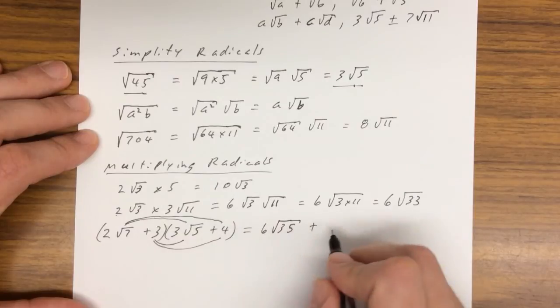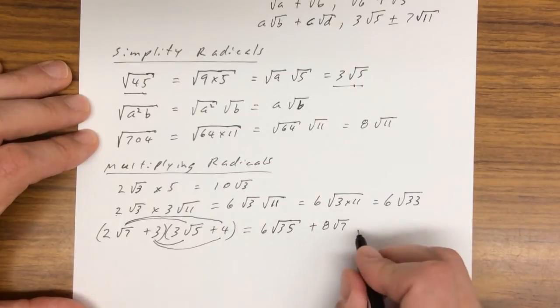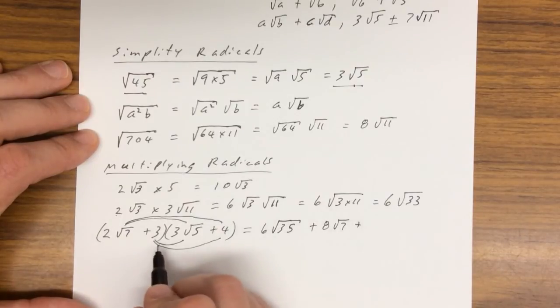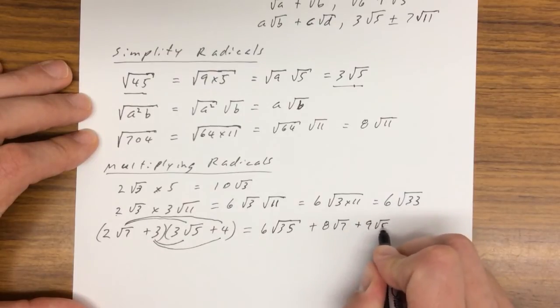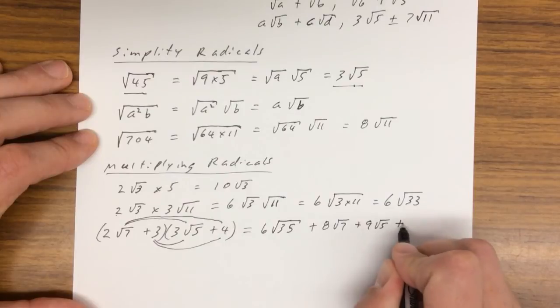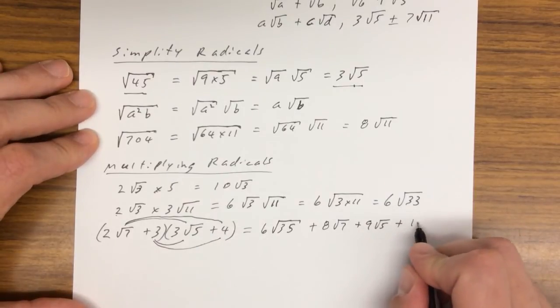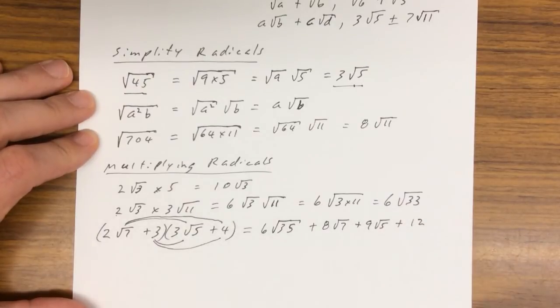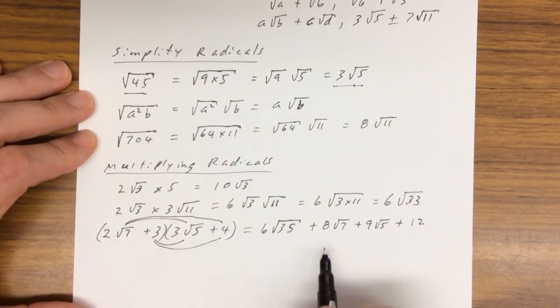Well, 2 times 4 is 8 root 7. And then the inside, 3 times 3 root 5. Well, 3 times 3 is 9, and then we just have root 5. And then the last, 3 times 4 is 12. Okay. And that's how you'd multiply the binomials.